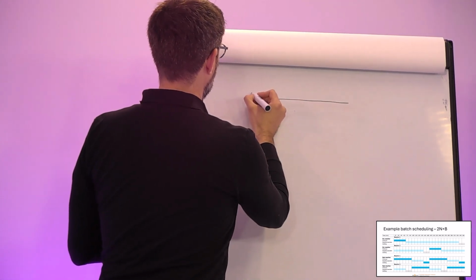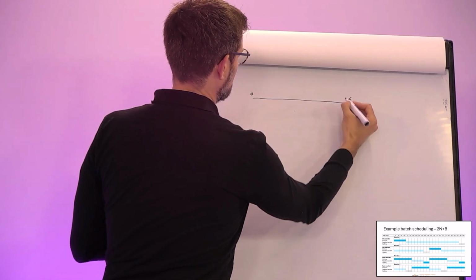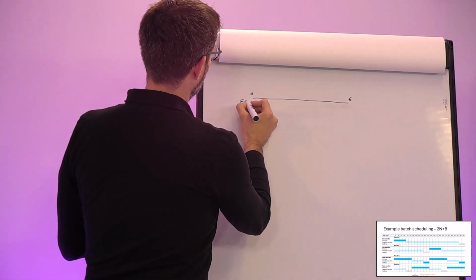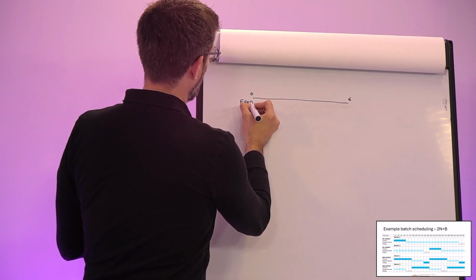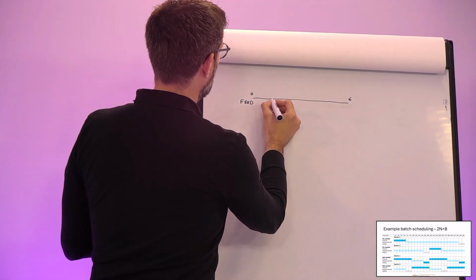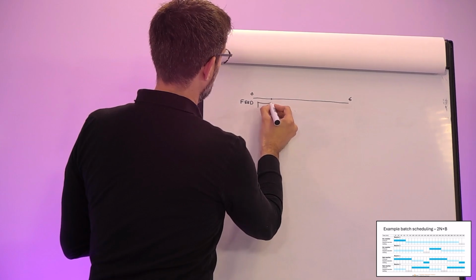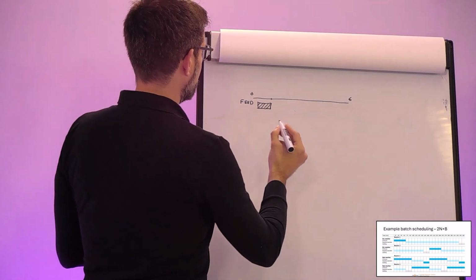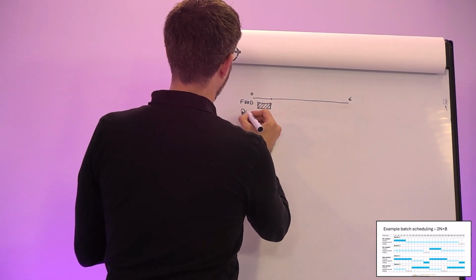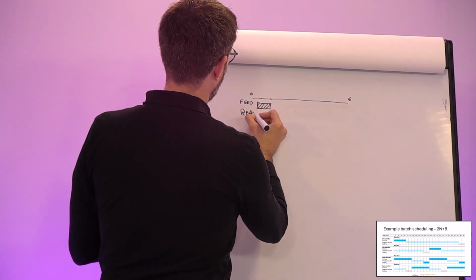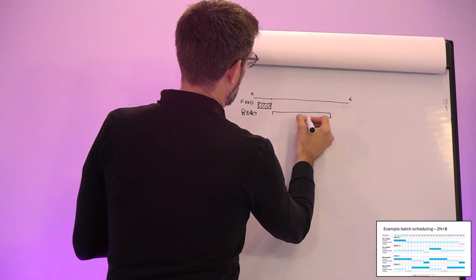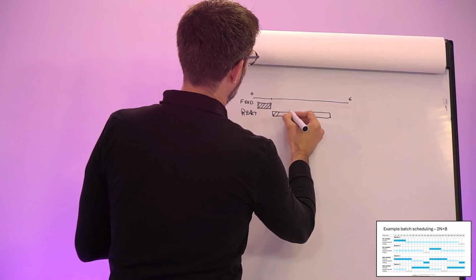And so you go from 0 to 6 hours, and then you start with a feeding phase. That will be, for example, 1 hour. So you have a feeding phase of 1 hour. Then, for example, you would have a reaction phase of, let's say, 4.5 hours.